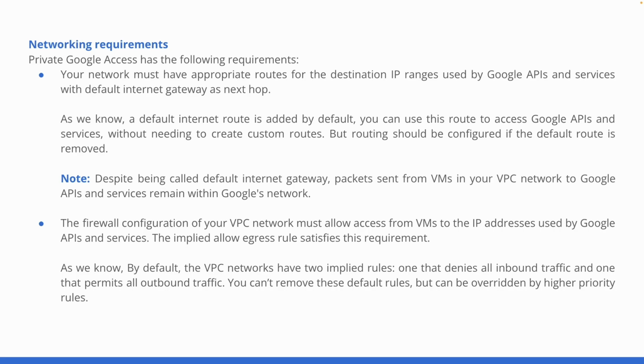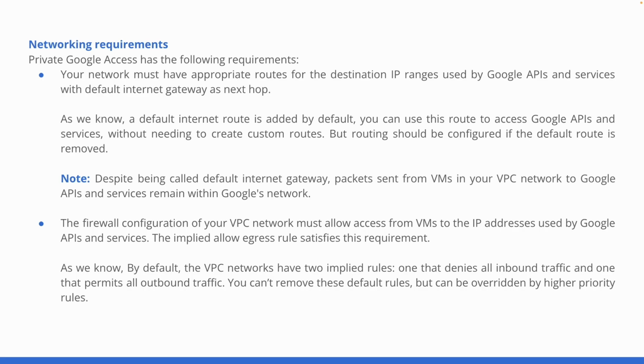The important point to note here is that despite being called the default internet gateway, the packets sent from the VM in your VPC network to Google Cloud APIs and services remain within Google's backbone network.